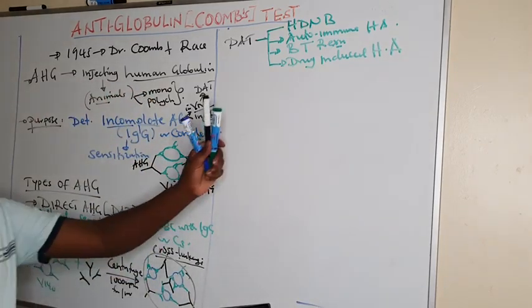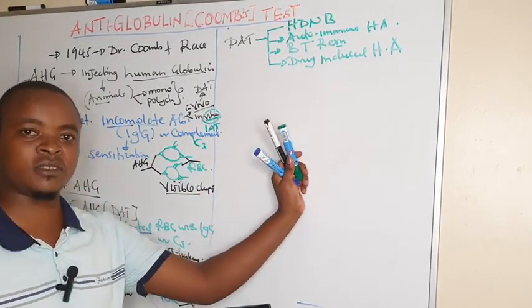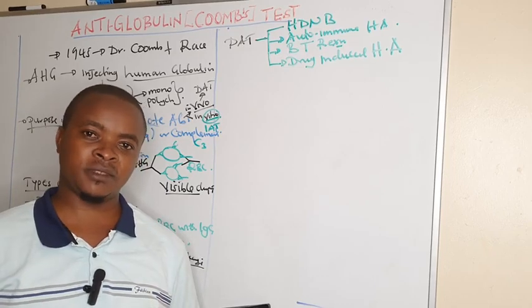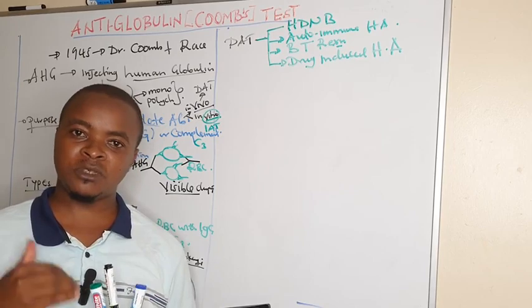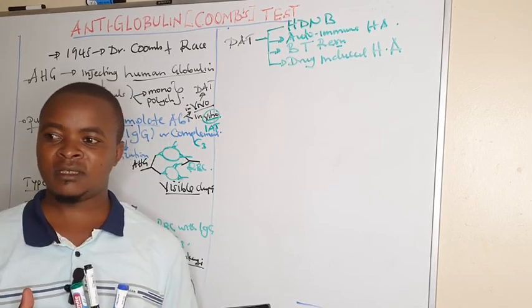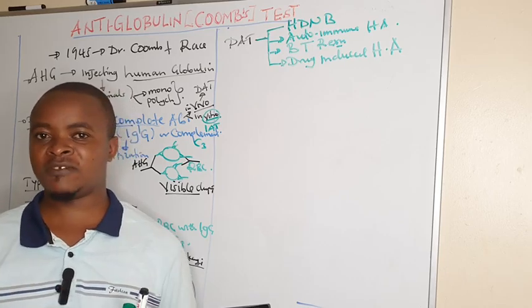So these are the 4 applications of direct Coombs, which demonstrates incomplete antibodies, that is IgG, and the complement, which cannot produce visible clumping. They sensitize without producing visible clumping.